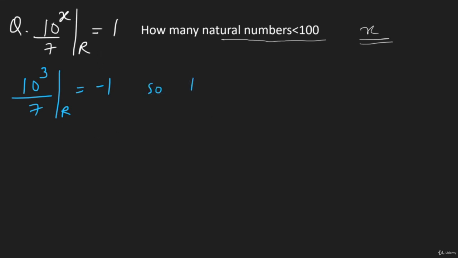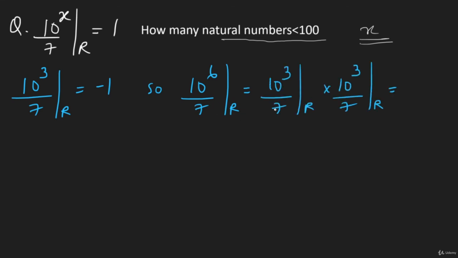Therefore, 10 to the power 6 divided by 7 is equal to 10 to the power 3 by 7 into 10 to the power 3 by 7 remainder, right? Now over here this is -1 and this is -1. Therefore 10 to the power 6 when divided by 7 will leave a remainder of -1 into -1, which is equal to 1.